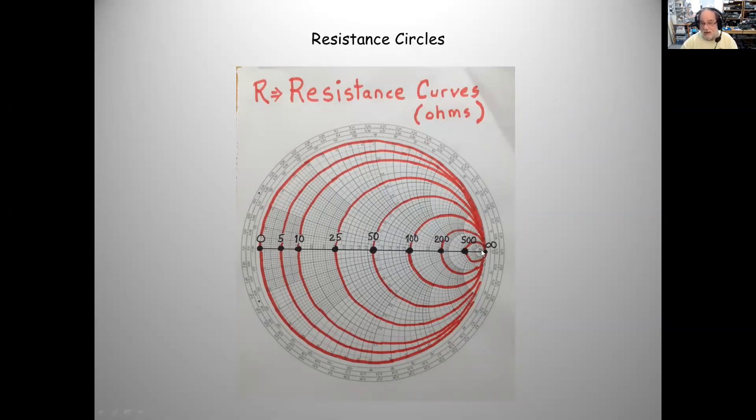And of course, the higher you get, the closer you are over here. The right, the circles kind of condense here. So we call these circles of constant resistance, although up here they have reactance, and down here they have reactance. Okay, with the concept of a resistance circle. Notice they're not concentric.